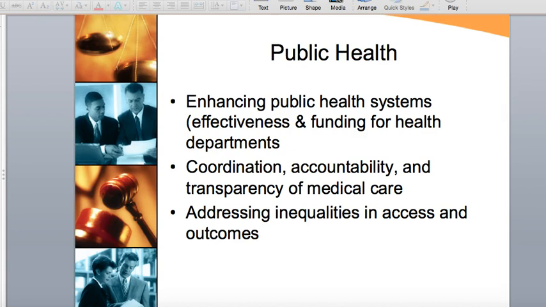And we also know that we need to do a better job of being transparent in terms of medical care. Oftentimes, we don't allow medical information to be easily shared amongst institutions, and there's usually a process related to that. Sometimes this is by law through HIPAA, but sometimes it's even a barrier or a challenge for a patient to receive their own medical information.